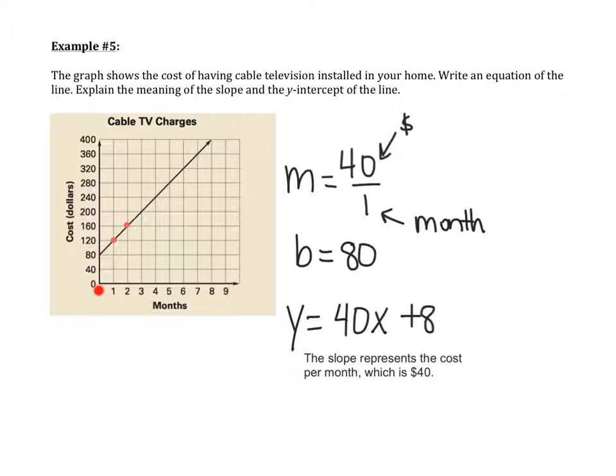At 0 months passed, I was charged $80. After 1 month had passed, I was charged an additional $40. So that leads me to believe that in order to have this cable television, I had to pay an $80 installation fee or something just to have cable television installed in my house. So again, the y-intercept here would be your starting amount, which is $80.